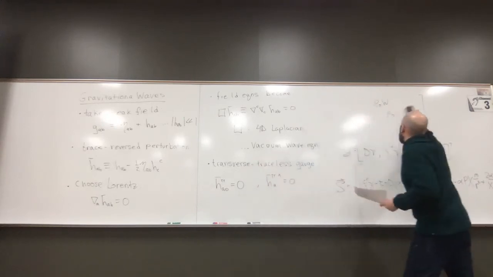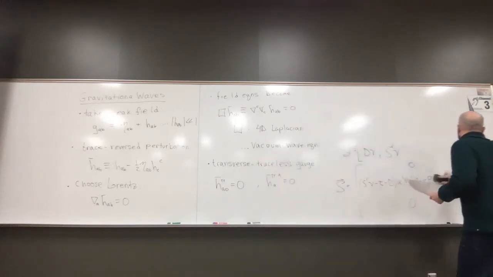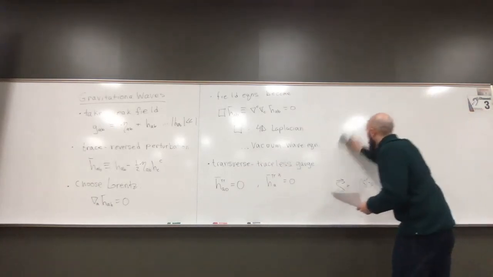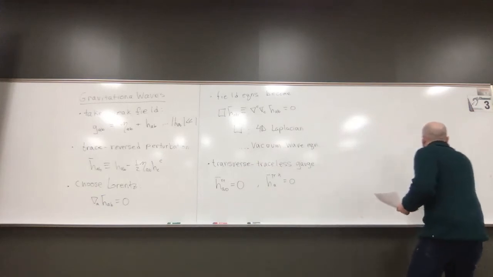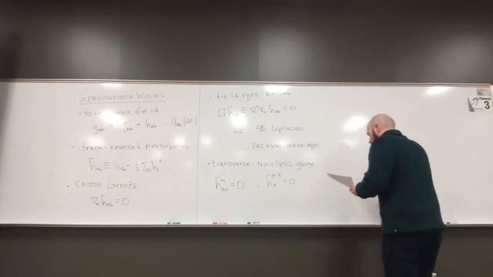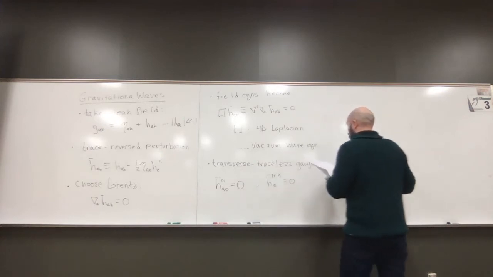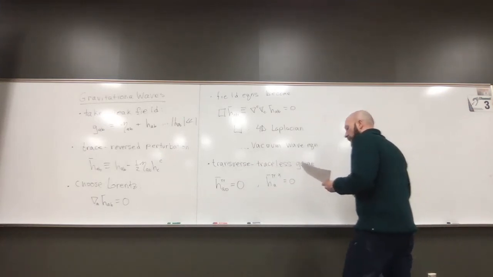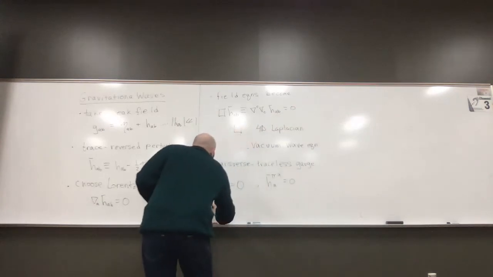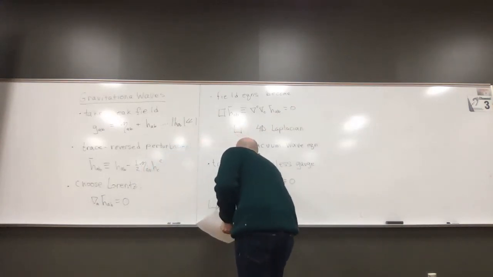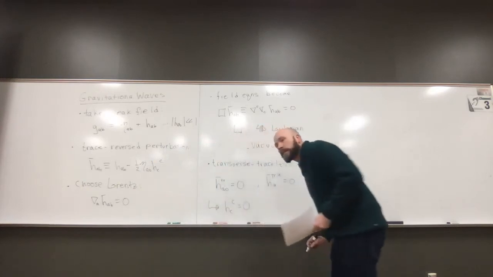Okay. So that's my next gauge choice, which eliminates some of the free components, specifies some of the free components. This implies, actually, that my original metric perturbation must also be traceless.